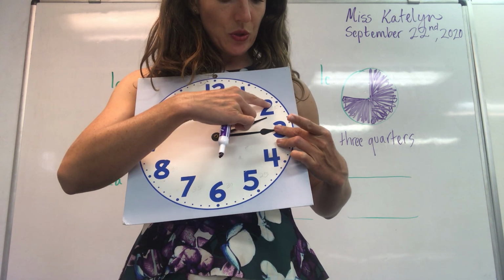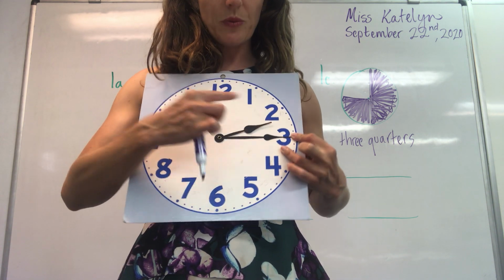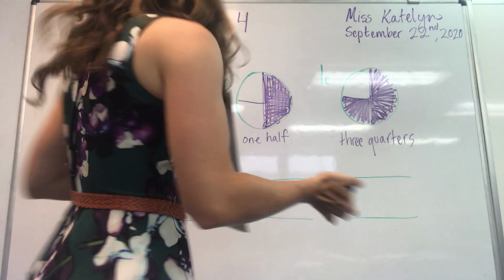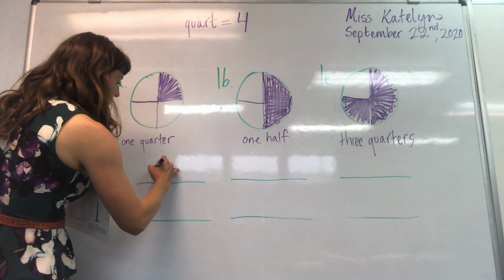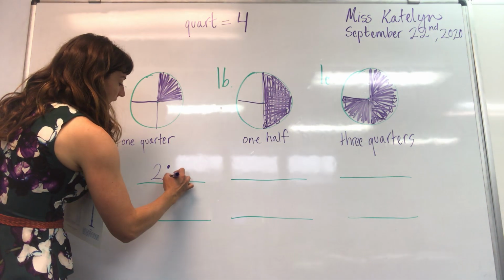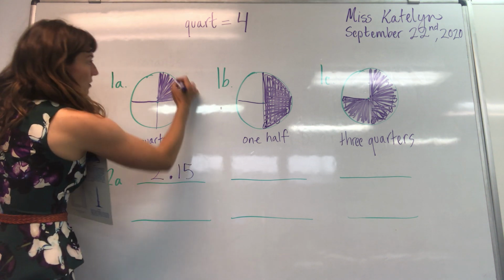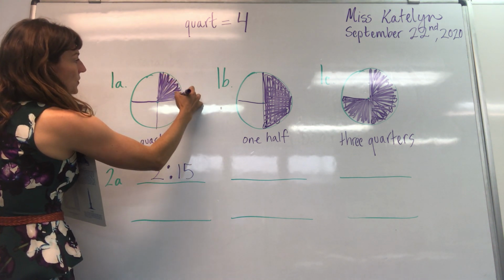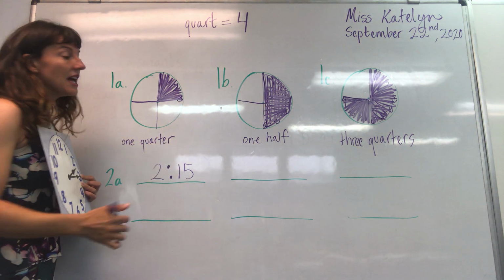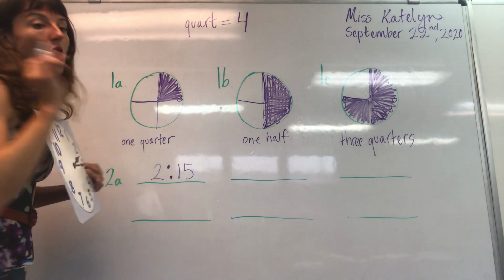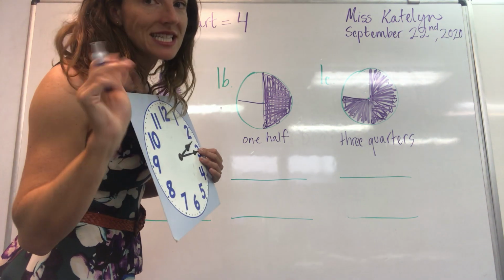So it's 2, and then the longhand is pointing at the 3, and we count by 5s. 5, 10, 15. So that hour is 2 o'clock, and the minutes are 15. Remember 1, 2, 3? That means it's a quarter. So we would call this quarter past 2.